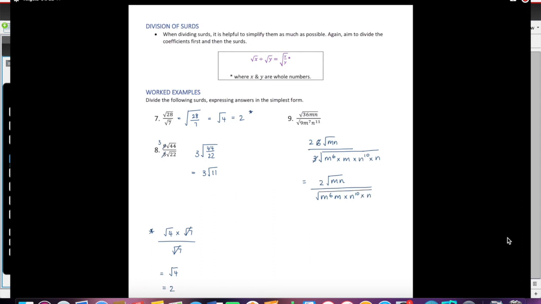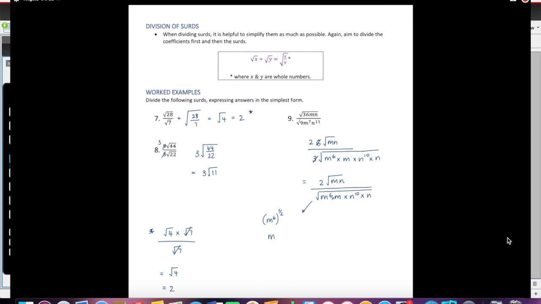Now, hopefully, when I did the multiplication of surds task, it became quite obvious as to why I extended my variables or my terms out like this. So now it's making it easier for me to simplify them. So for example, if I've got m to the power of 6, instead of writing this, I'm actually going to rewrite that root as a power of a half.